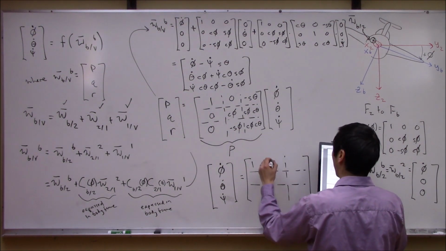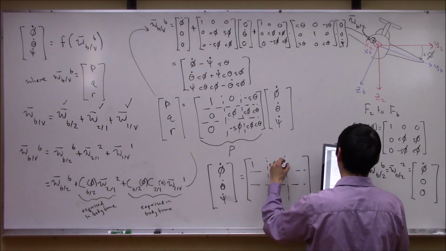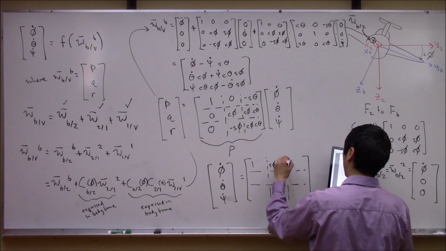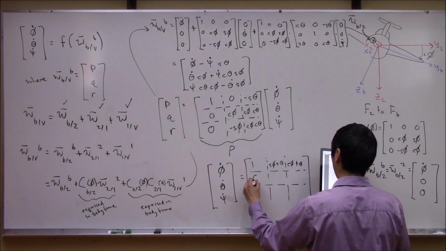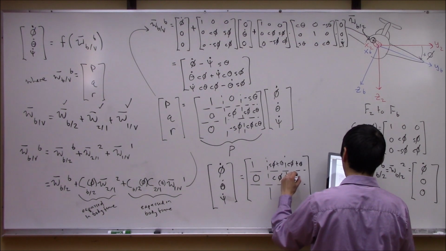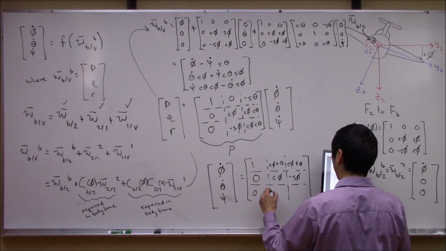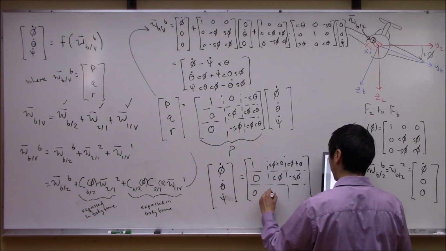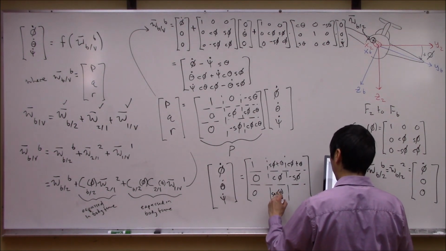So this is now sine phi tangent theta, cosine phi tangent theta, and then a 0, then a cosine phi, minus sine phi, and then a 0, and then a secant theta sine phi.